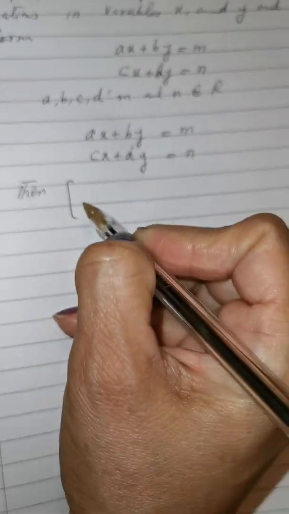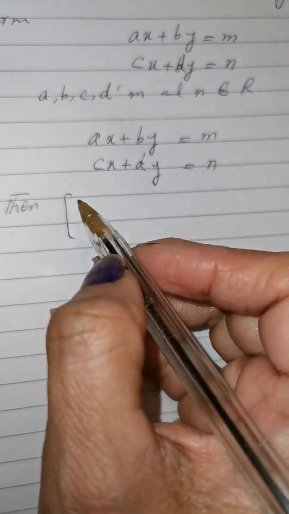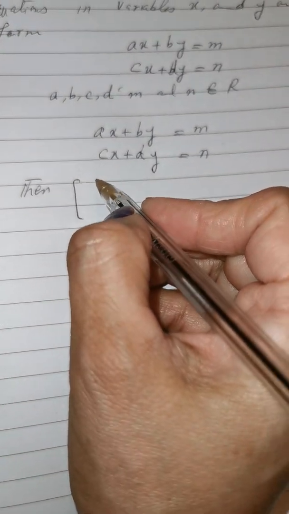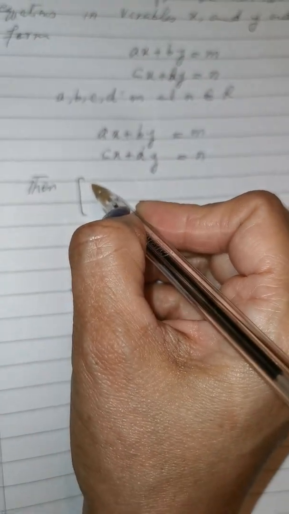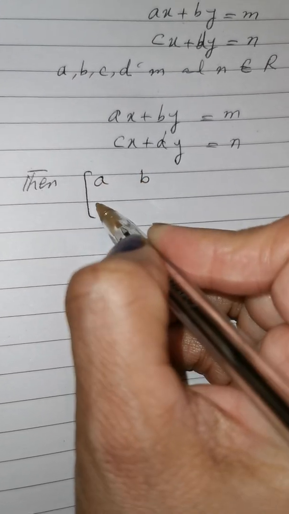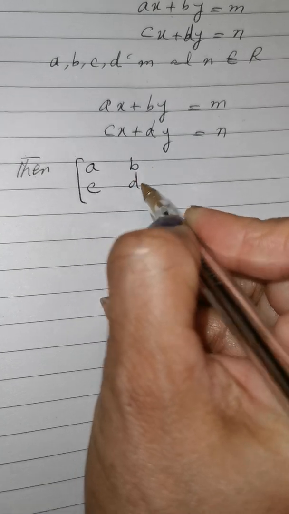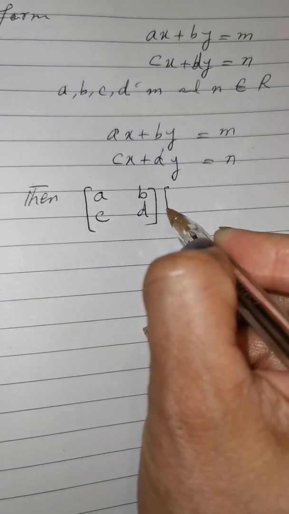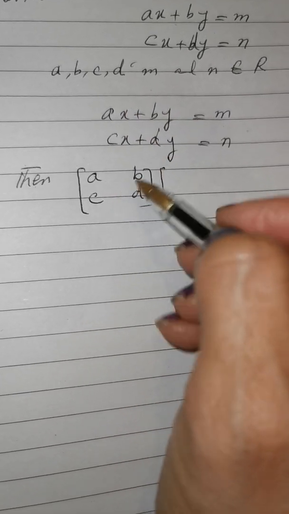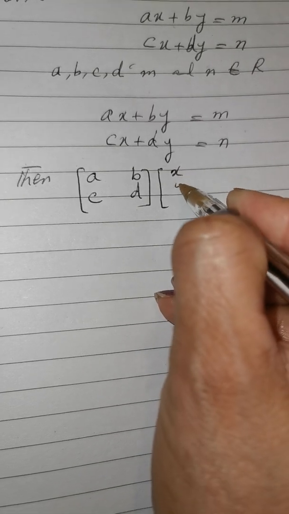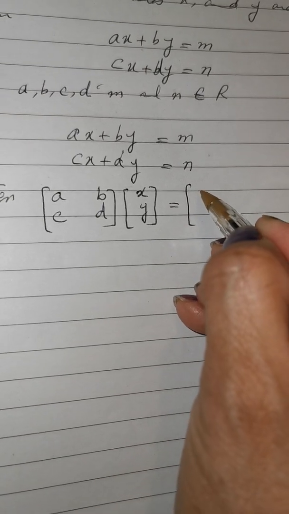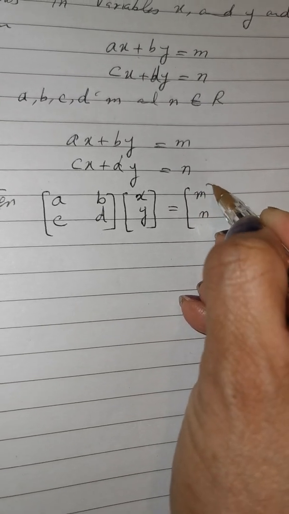First of all I will write the matrix of coefficients of x and y in matrix order: a, b, c and d. Then the second matrix I will write is x, y, and then the matrix of constants.